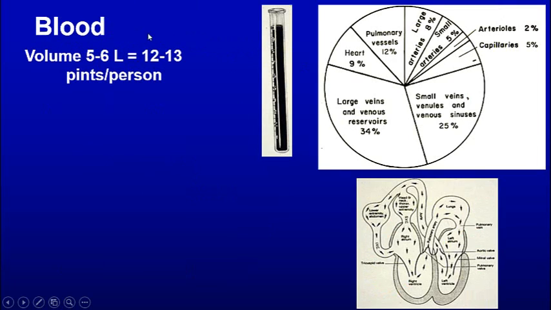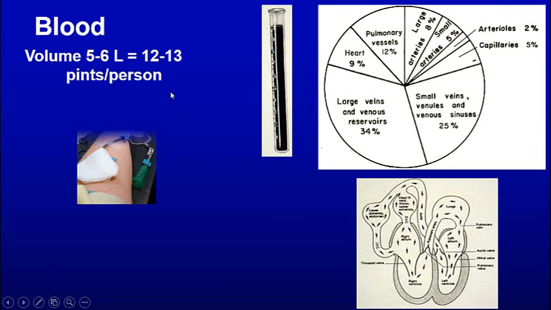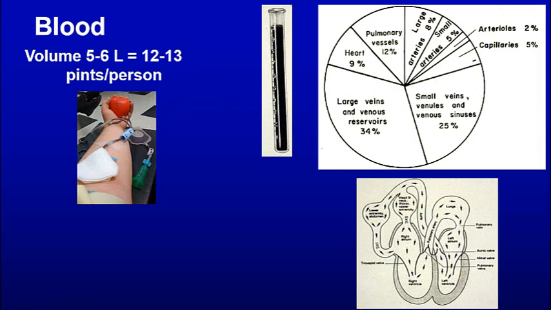Now, blood volume is about 5 or 6 liters, 12 or 13 pints. So when you give a pint of blood, you're giving almost 10% of your blood. And the reason you're able to do that is here we see a pie chart that shows the location of the blood, and the bulk of the blood is located in small and large veins.